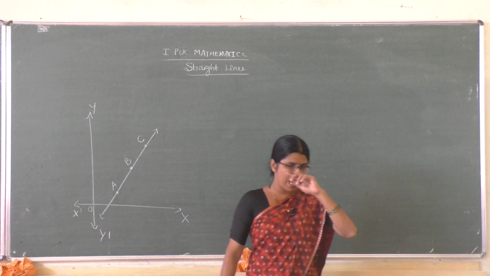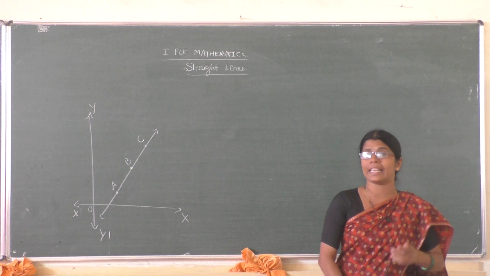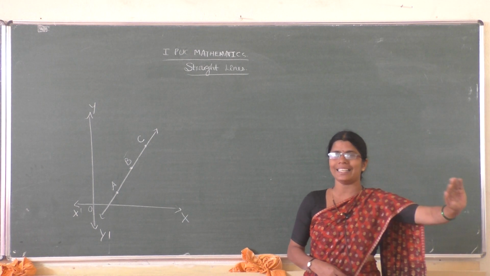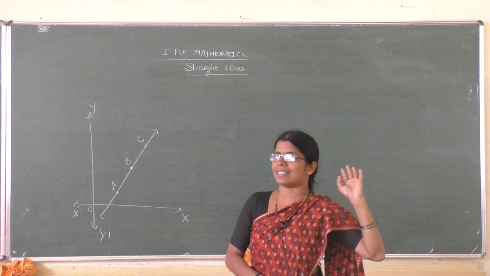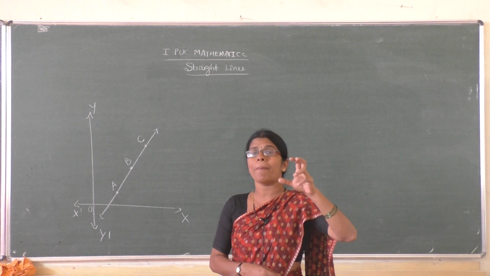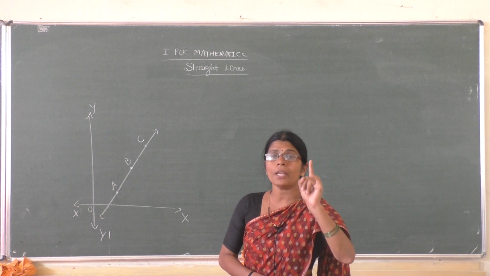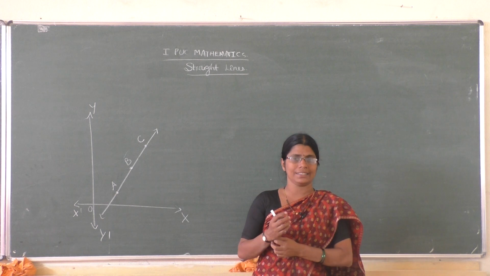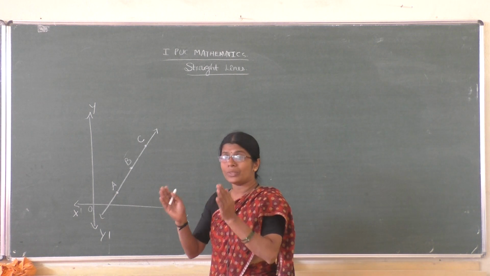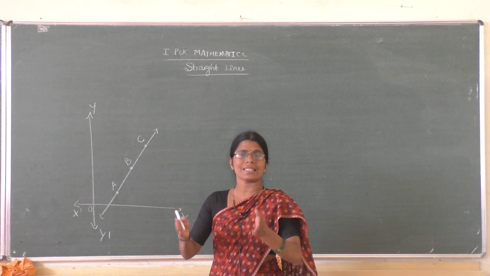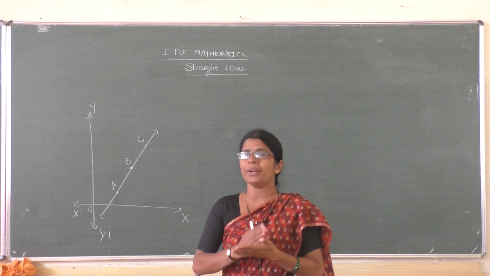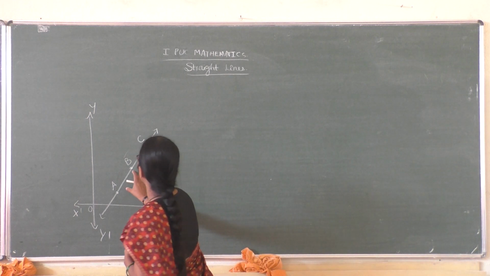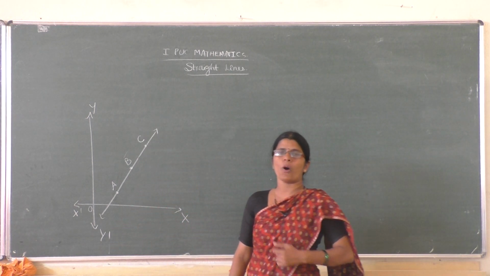Parallel lines never pass through a common point. That we studied in your lower classes. If two parallel lines pass through a common point, then the two lines must be the same. Therefore slope of AB is equal to slope of BC.